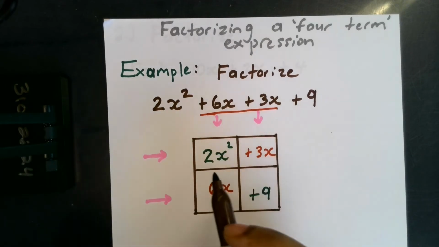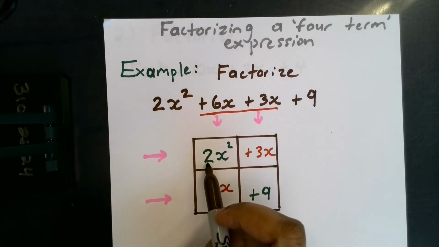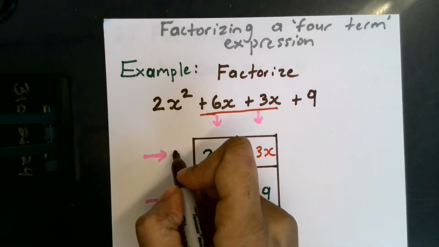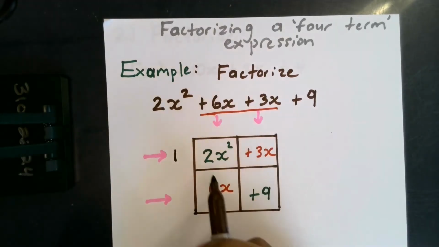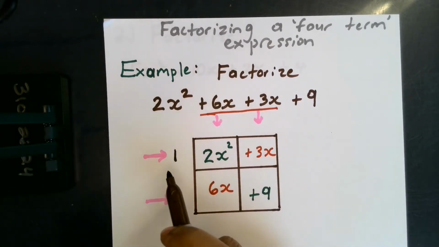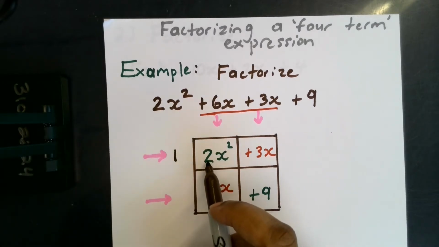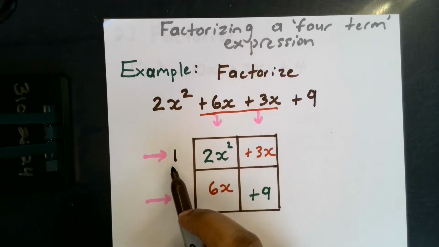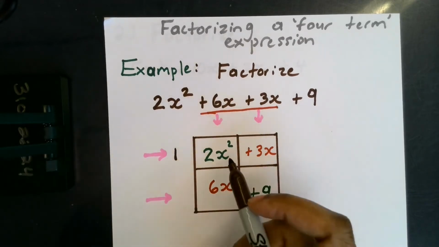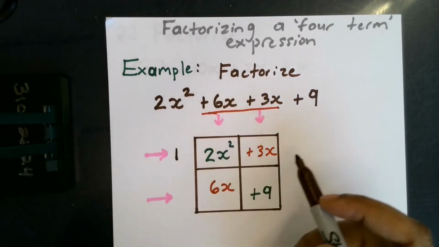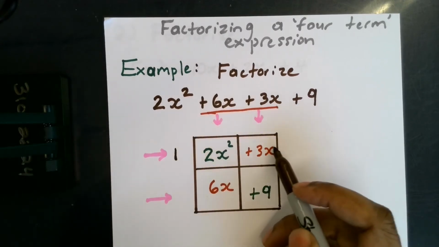the GCF of 2 and 3 is 1. The greatest number that can divide into 2 and 3 is 1. The greatest common factor of x squared and x is x.